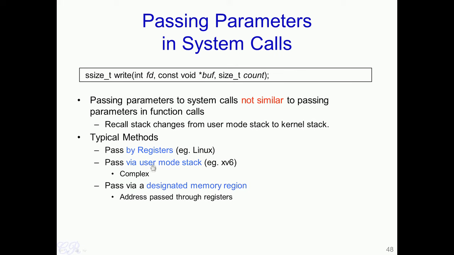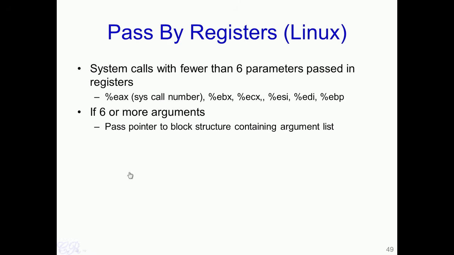So, we will look at the other two cases, that is pass by registers and pass via user mode stack, in more detail. Now, pass by registers, which is used by Linux system calls, would use the registers present in the processor to pass parameters to the kernel. We have already seen an example of how the EAX register is used to pass the system call number from the user process to the operating system.